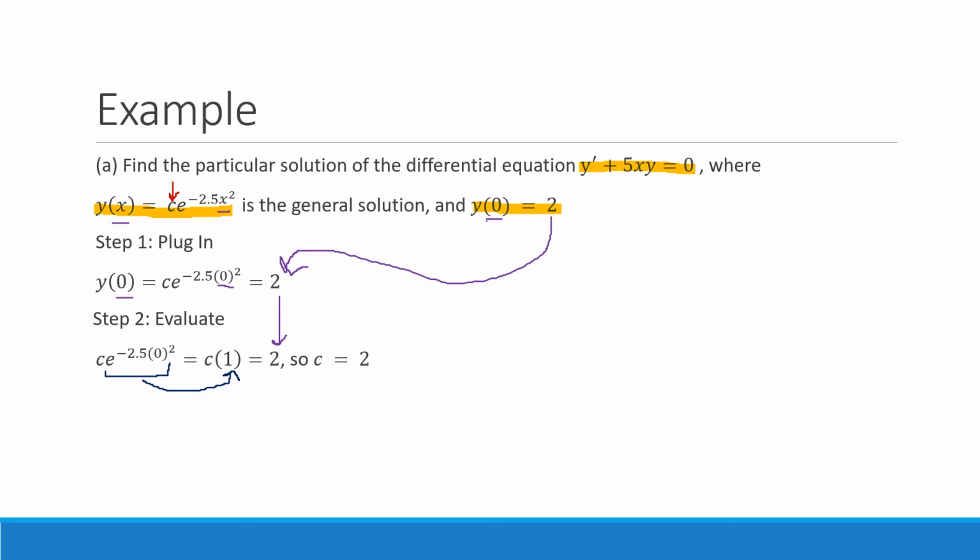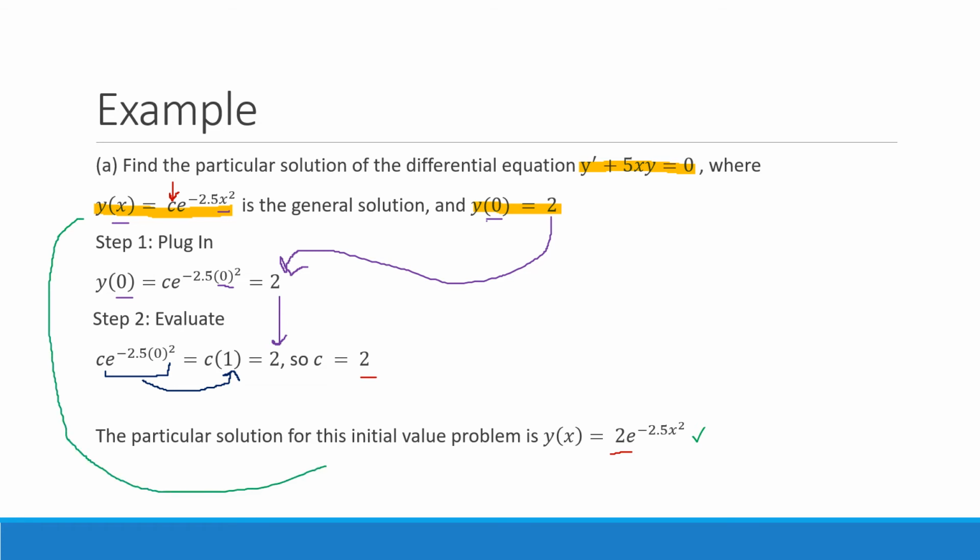Finally, we plug it back into our general solution, and we find that our particular solution for this initial value problem is y of x equals 2, or our c value that we found, times e to the negative 2.5x squared, where the e to the negative 2.5x squared we have gotten from our original general solution here.